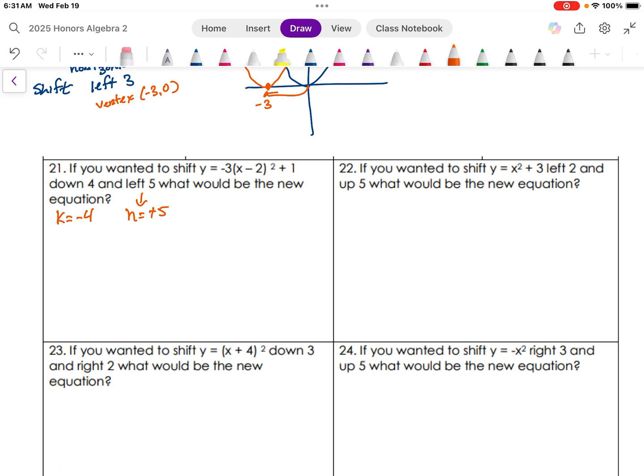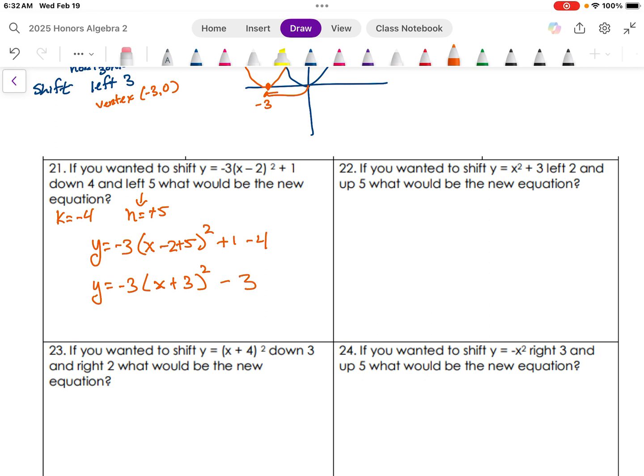So as I take my equation, I would say y equals -3, parentheses, and then it'd be x minus 2, and then I add 5 to that h value. And then I have my k value, and then I have to subtract 5 from it. And then I just clean it up. Y equals -3 times x plus 3 squared, and then we have -4.